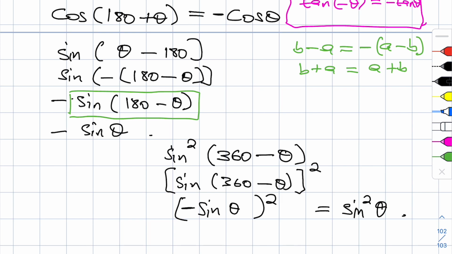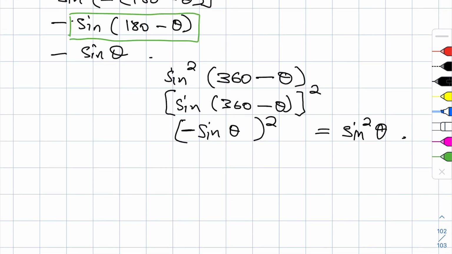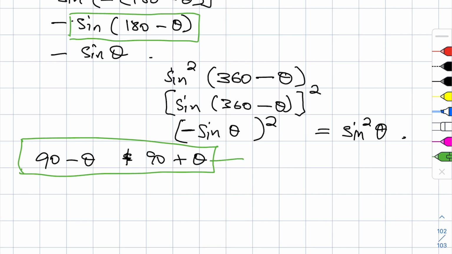Okay, lastly on reduction, the 90 minus theta and the 90 plus theta. Whenever you get that, you will have to change to a co-function. So the co-function of cos is sine, and the co-function of sine is cos.